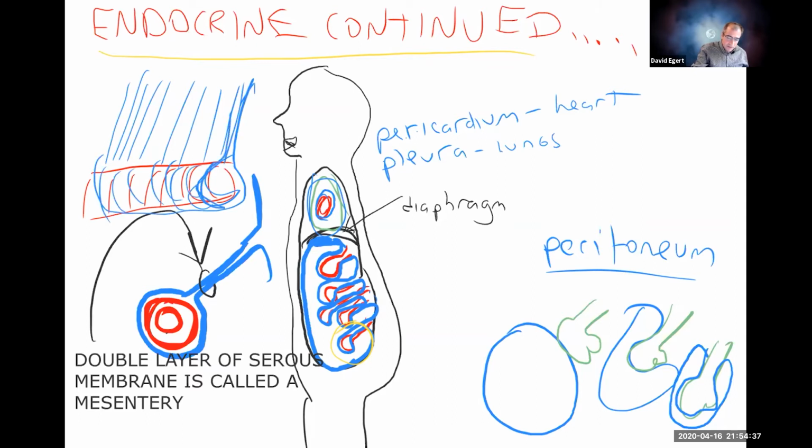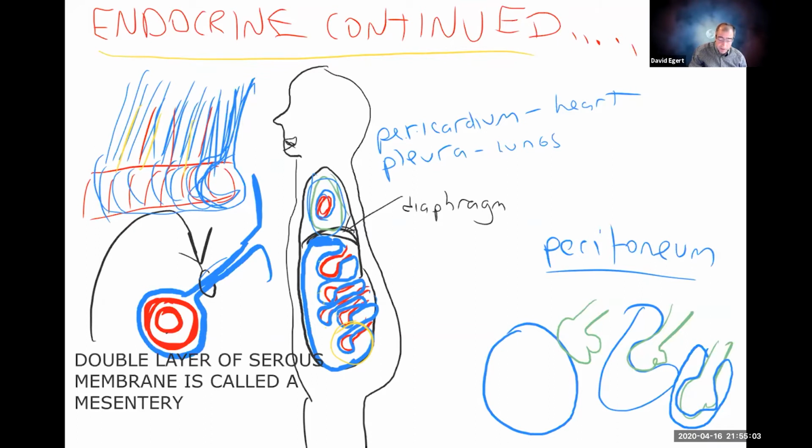So the intestines are all hanging off the back of the body wall by these flat sheets that we call the mesenteries. And that's the thing that supports the blood vessels and the nerves that are going to the intestines. And it also means all of these intestines are coated with slippery serous membrane.